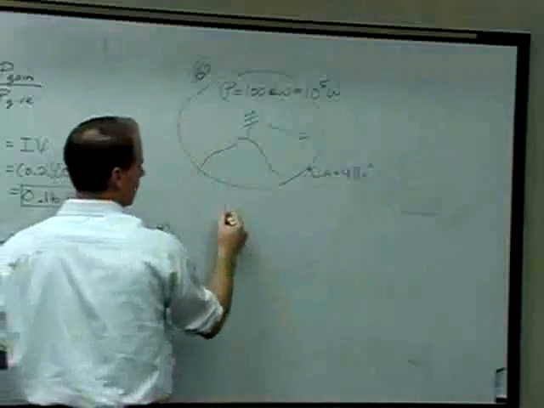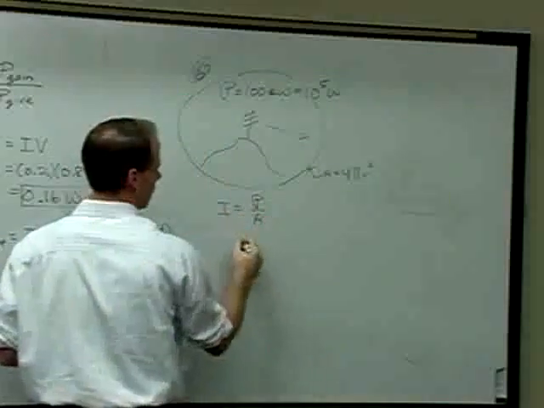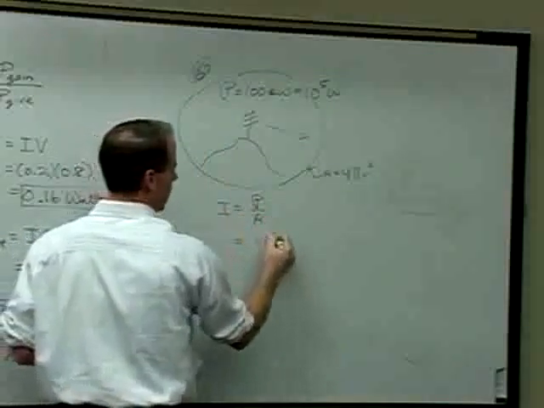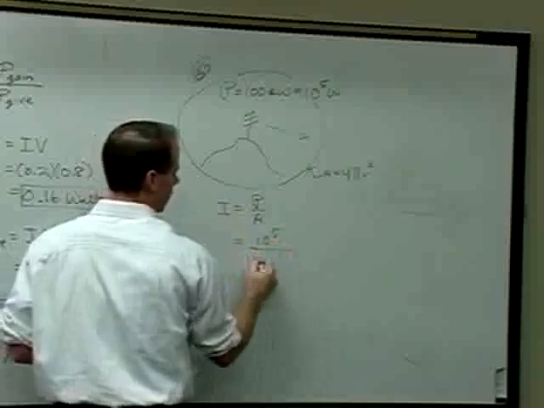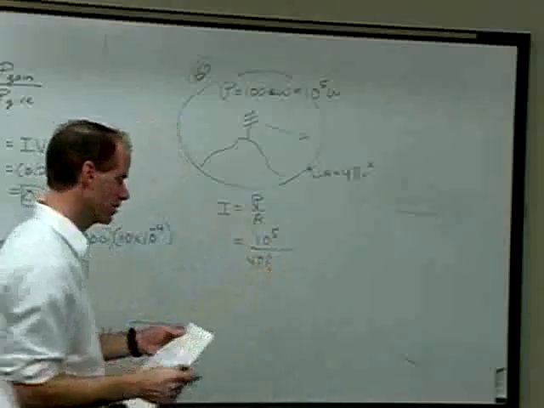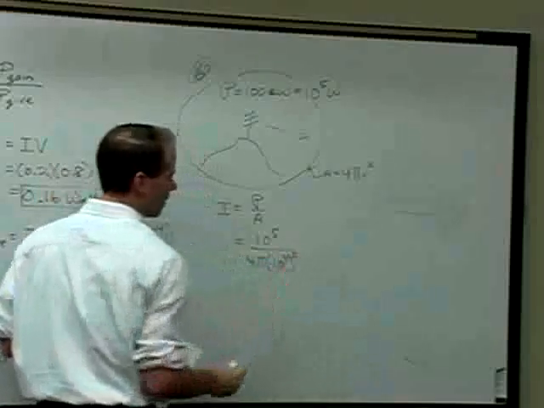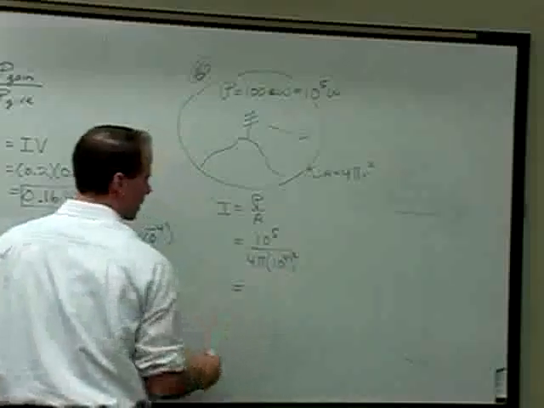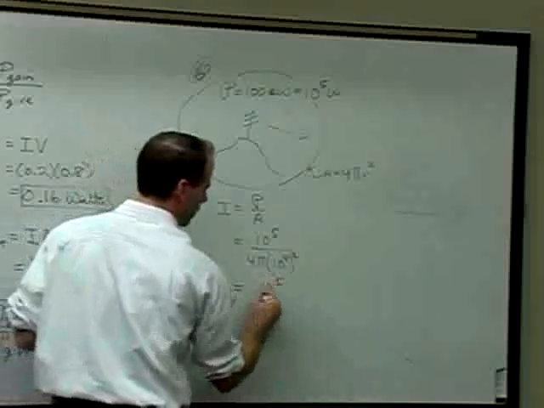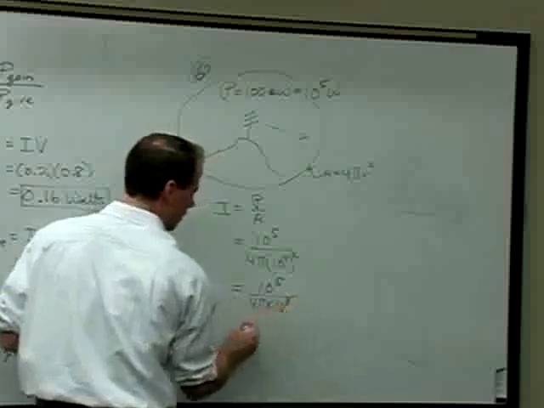So intensity is power divided by area. So that's going to equal 10 to the 5 watts divided by 4 pi r squared. R in this case is 10 kilometers, so that's going to be 10 to the 4 meters squared. So it's 10 to the 5 over 4 pi times 10 to the 8.